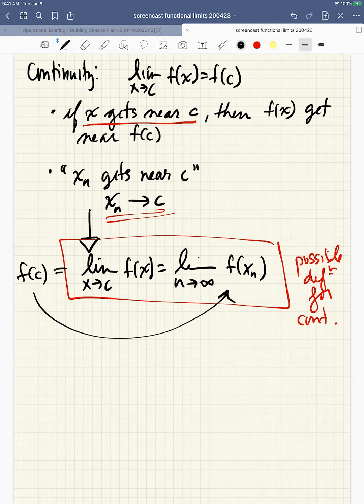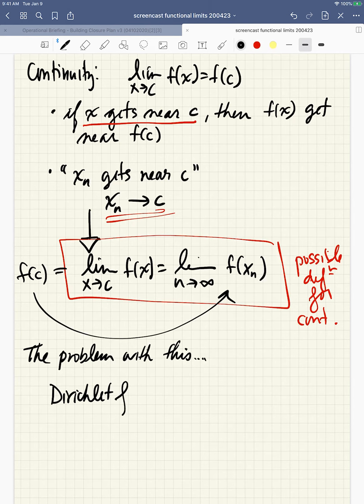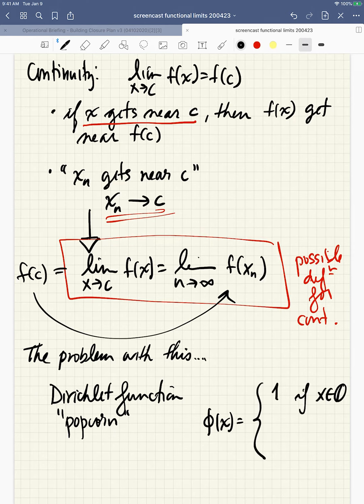But here's the problem. Okay, so we've seen this function before, the Dirichlet function, sometimes called the popcorn function. It's the function defined to be 1 if x is a rational number and 0 if x is not a rational number.